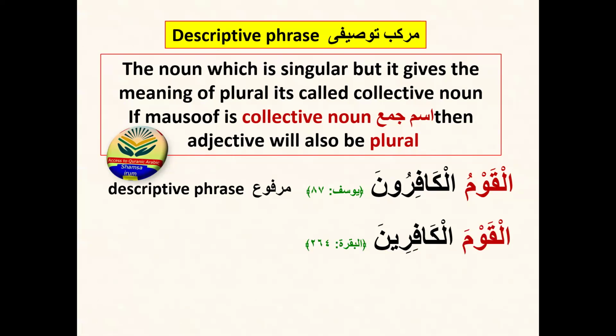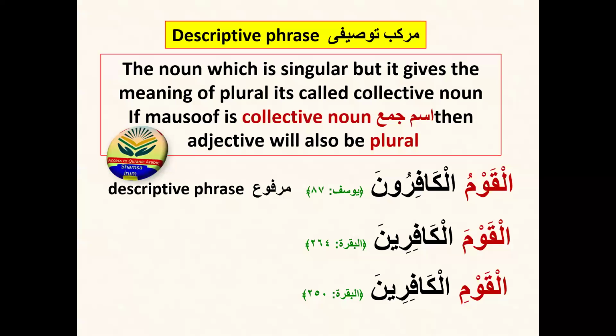Al-Qawma al-Kafirina. And next one, Al-Qawmi al-Kafirina. I want to ask you something which I already explained before in this lecture. Look, al-Kafirina in the middle one and al-Kafirina in the bottom one. They both are al-Kafirina. Which al-Kafirina is mansoob and which is majroor?